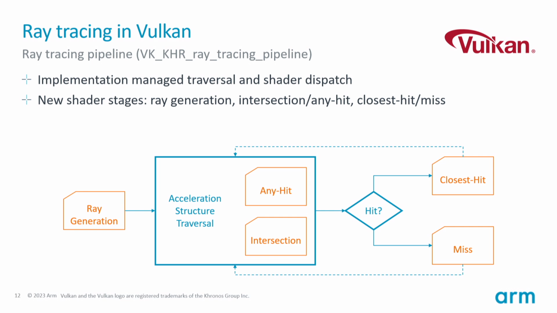Either the ray does not hit anything in the scene, in which case we can call a miss shader and sample an environment map, for instance, or we hit opaque geometry, and in that case, the GPU invokes our closest hit shader.